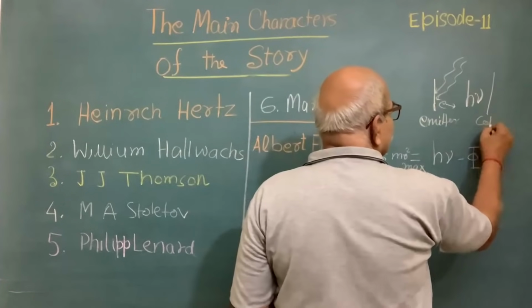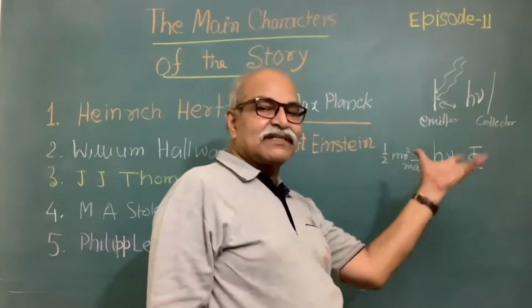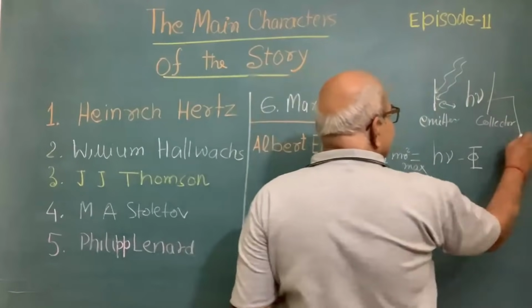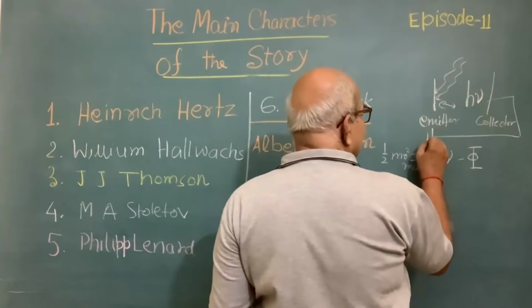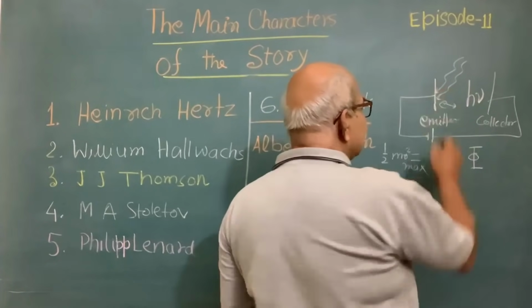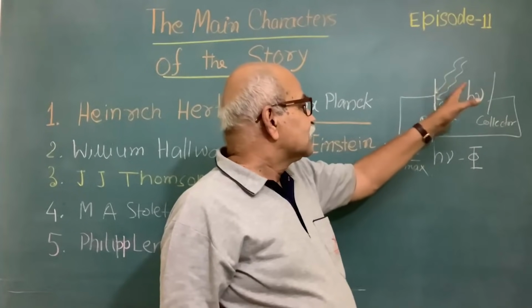emitter and collector, you can call it collector. The electrons are getting collected here, and then you have a circuit. These electrons are recycled. You may have some potential differences and all that. So this way you can have the circuit.